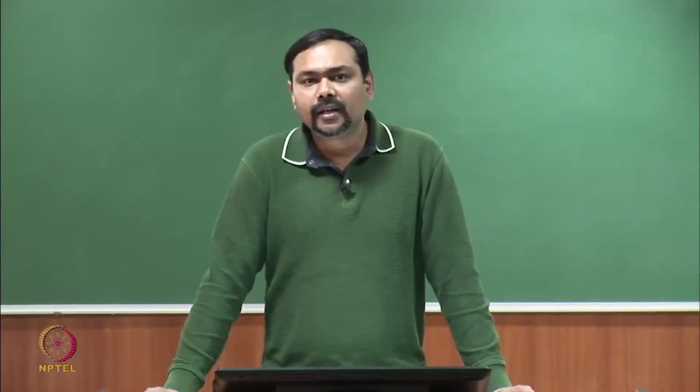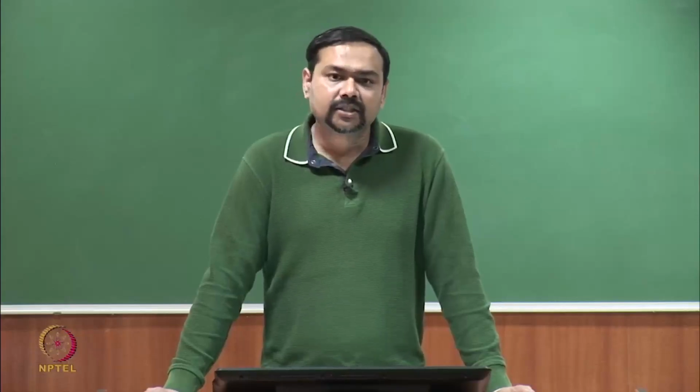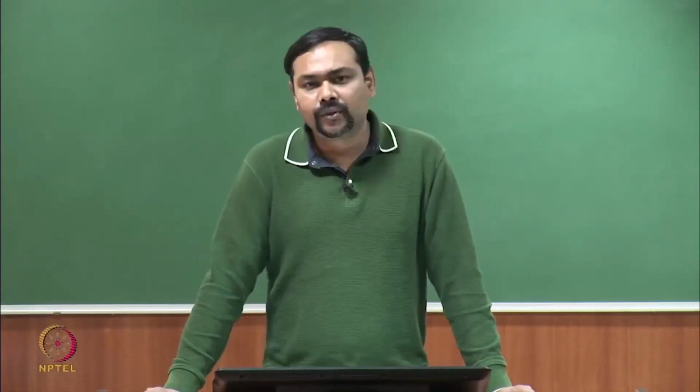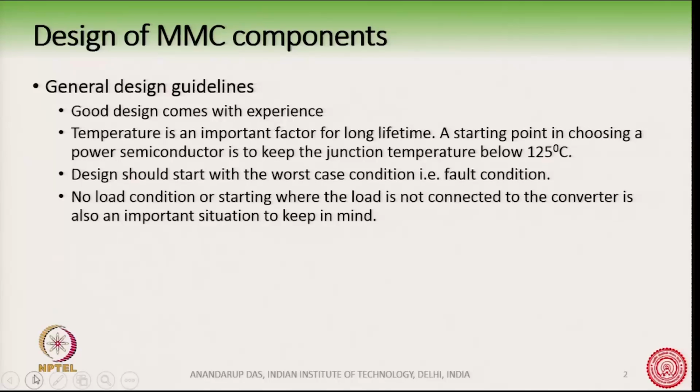So, it is a good idea to keep the junction temperature below 125 degree centigrade for silicon based IGBTs. It is a good starting point. It can go a little bit higher also, but we start by keeping it at 125 degrees.